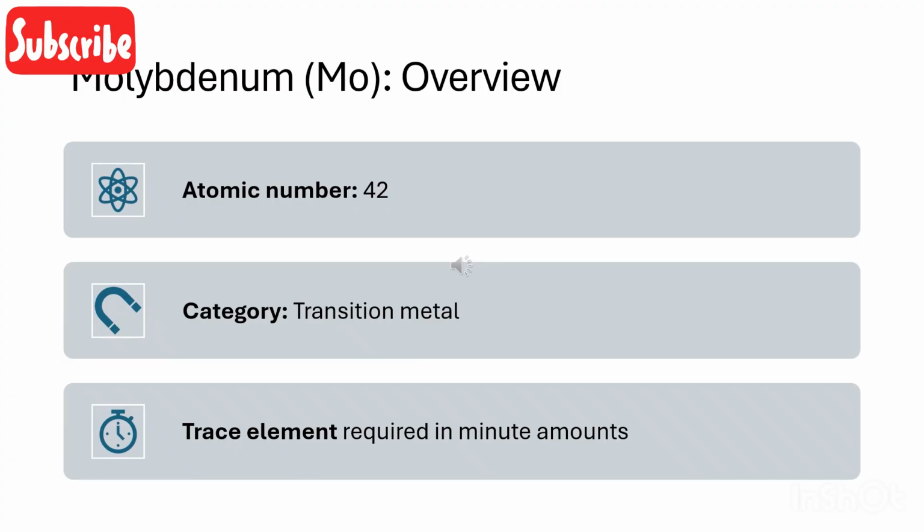The body stores very little molybdenum, so dietary intake, mainly from legumes, grains, and nuts, is important in order for us to have this molybdenum in our body system.